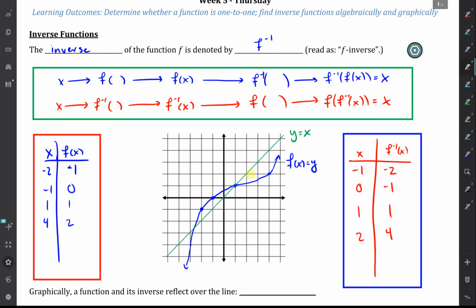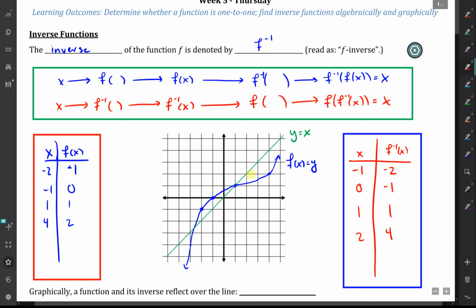So, like I said, we have -1, -2. -1, -2 would be down there. 0, -1 would be right there. 1, 1 would be right here. And 2, 4 would be up here.